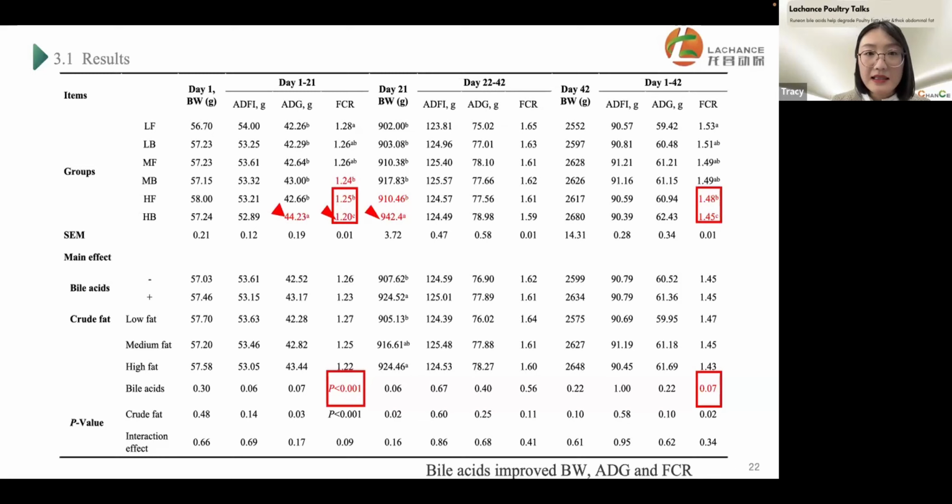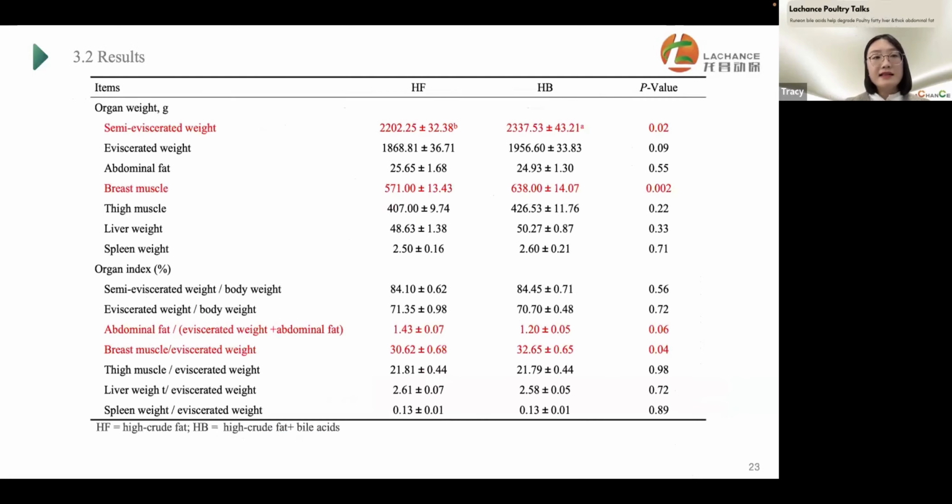FCR of broilers. And then this is the results of slaughter performance. So, well, first of all, this is the semi-eviscerated. You can see that this group is the group with bile acids, HB group.